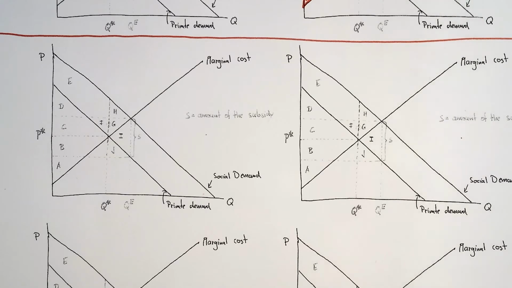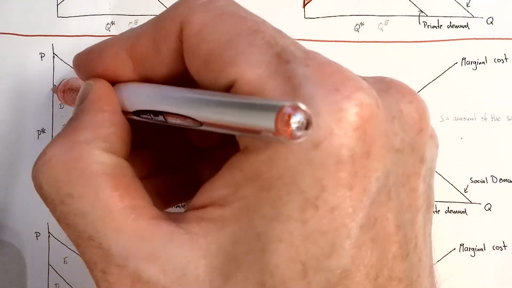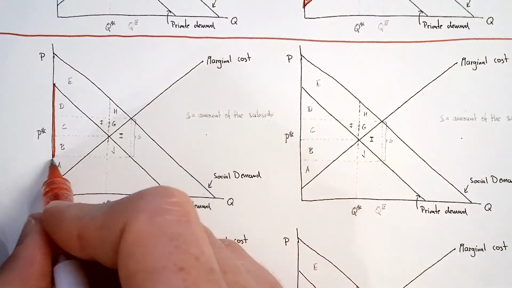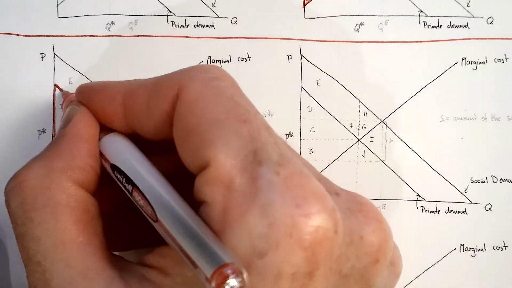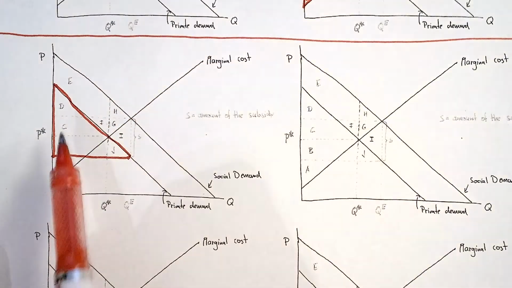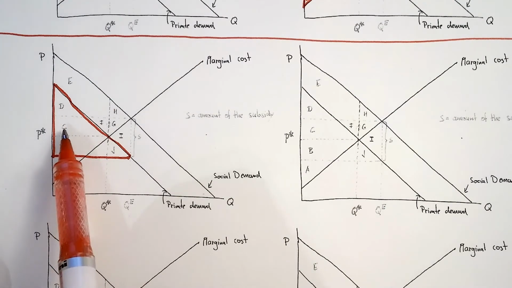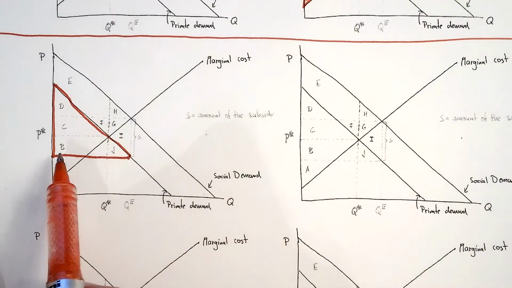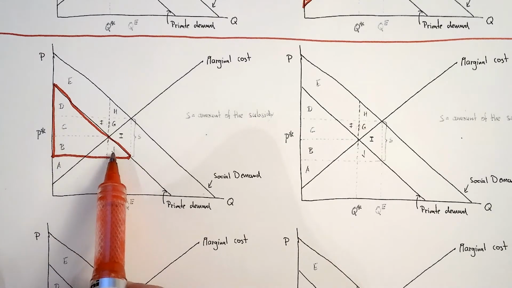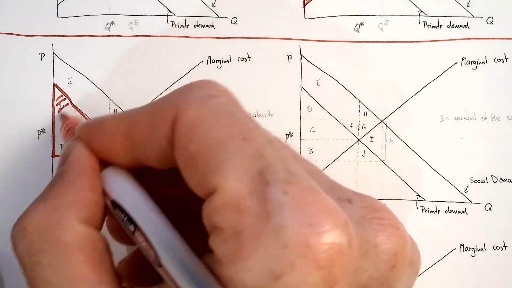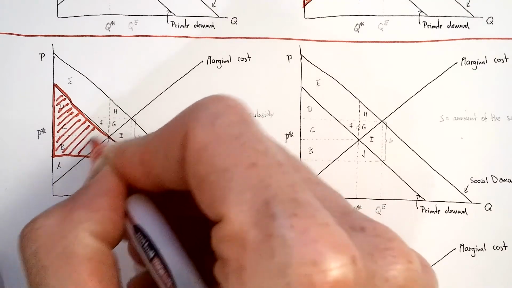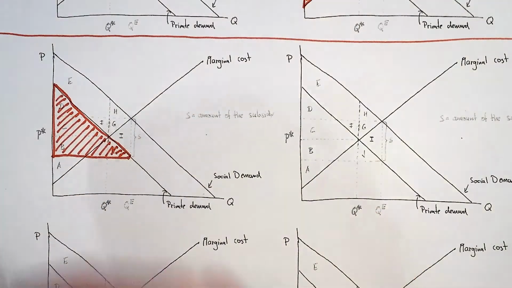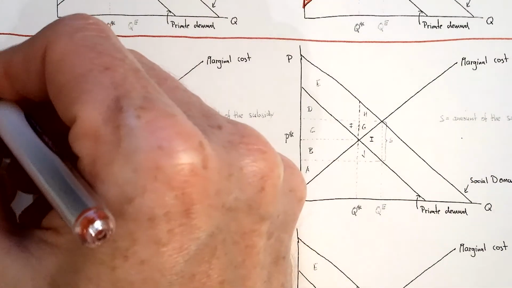In this case, the consumer surplus is this entire area here. From before we have C and D. But now, since consumption is subsidized, the price is lower and there is a higher consumption, and hence we also have B and J. So we have this entire area here, which is now the consumer surplus. Let me just write with subsidy.